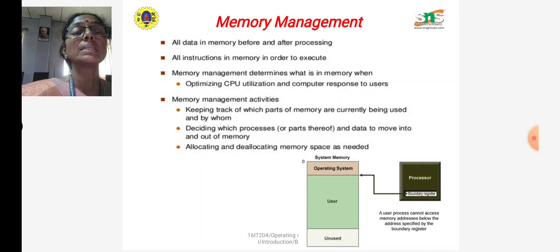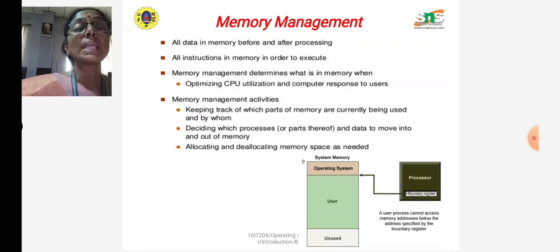I said there is a swapping mechanism, so that deciding authority is also given to the operating system. Next is allocating and deallocating memory space as needed, which is also managed by the operating system. Memory management is a very important thing, and these activities are done by the operating system.